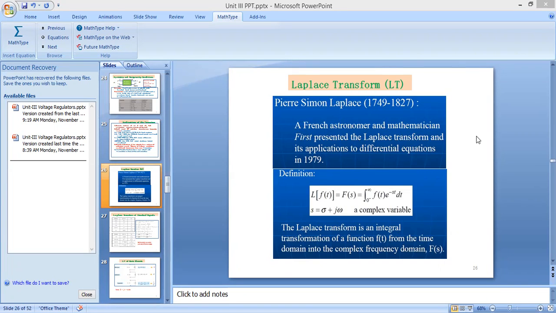If we use the Laplace transform, we will get solutions very easily. So we can use the Laplace transform instead of the Fourier series. There are lots of limitations the Fourier transform has. There are many functions for which we cannot apply the Fourier transform.